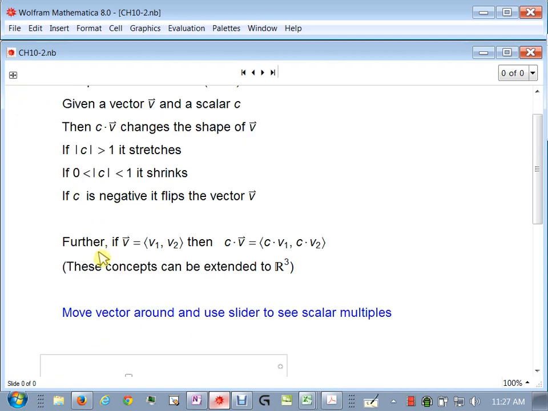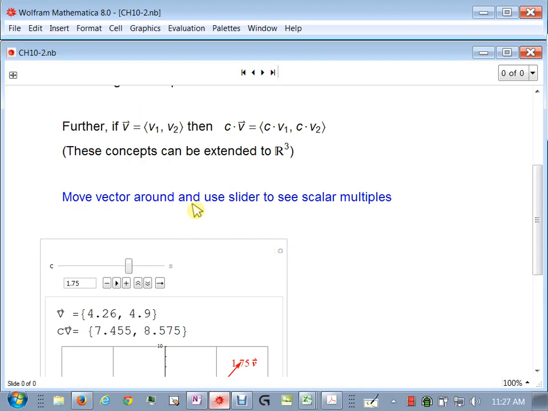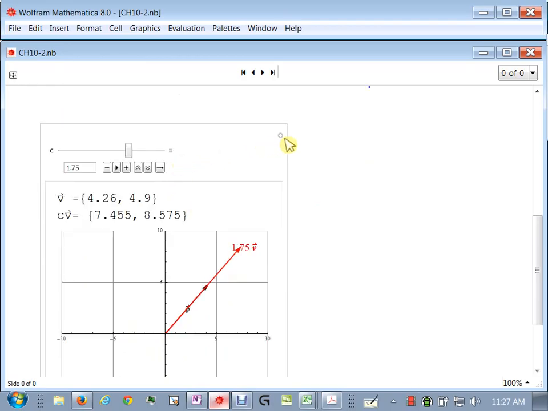Further, the way we compute it is if you have v and then you have c and you want to multiply it, you basically distribute the c through the vector to each of the components. So it's just scale it through. And then all these concepts can be extended to a three-dimensional vector. So let's take a look here real quick. Right now, what I have is I'm letting my c be 1.